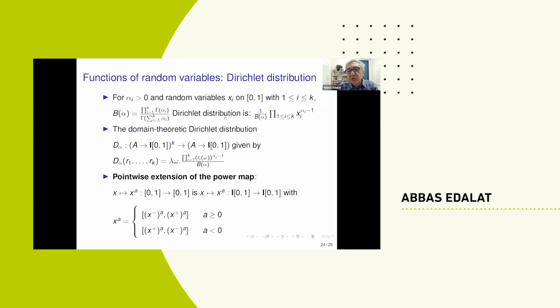Then the Dirichlet distribution has this density: 1 over B alpha times the product of xi to the power alpha i minus 1.